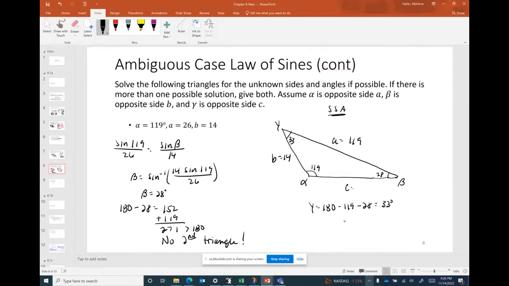We'll use alpha and A again. The sine of 119 over 26 equals the sine of 33 over C. Solving for C, C is 26 times the sine of 33 divided by the sine of 119.